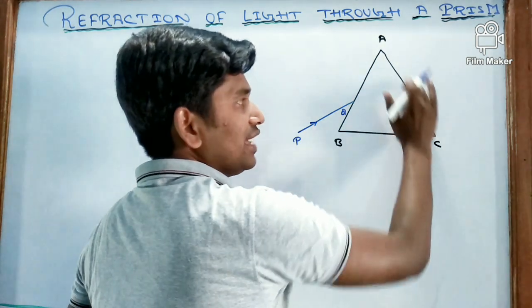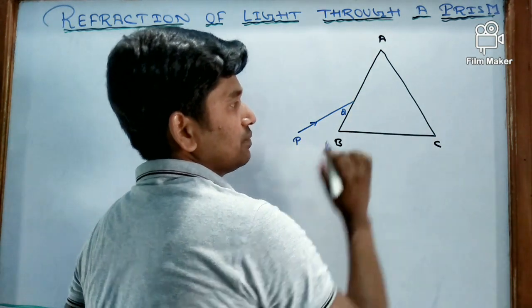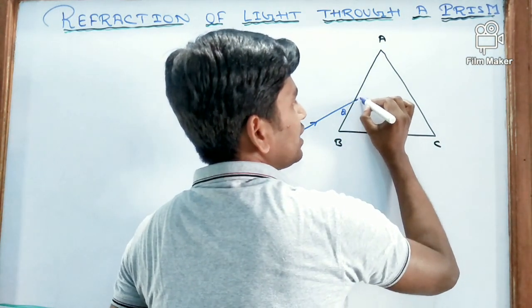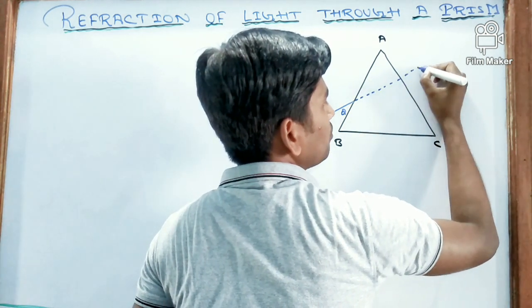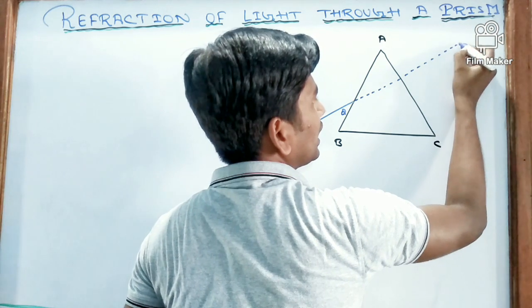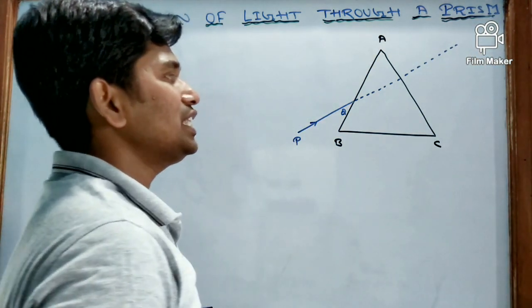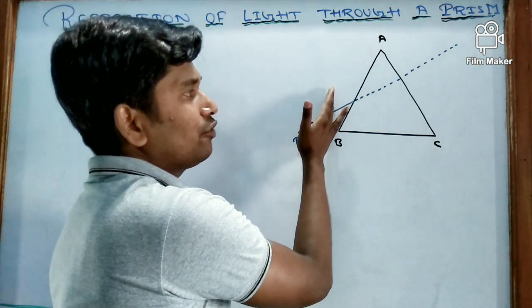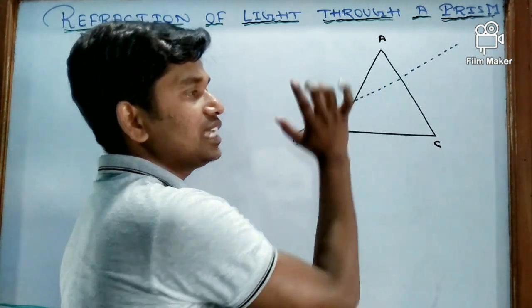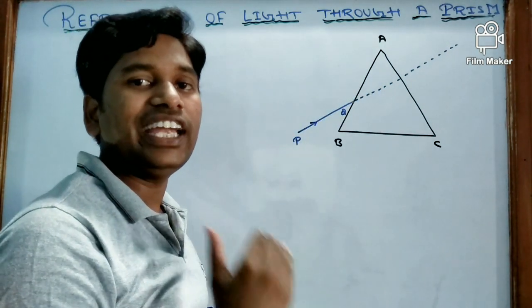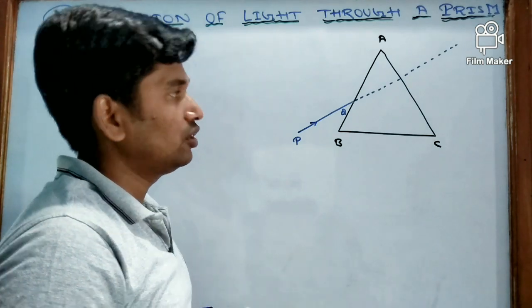Now if there were no glass prism, this ray would follow a straight line path, as I am drawing with a dotted line. But as we know, the light is traveling from air to glass, rarer medium to denser medium, so it will deviate from its original path.